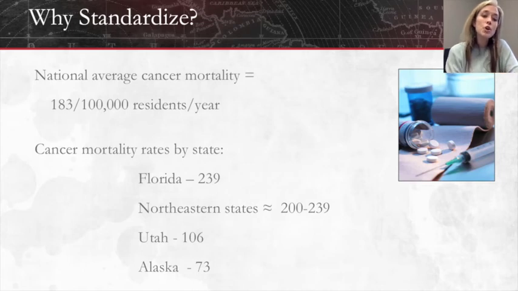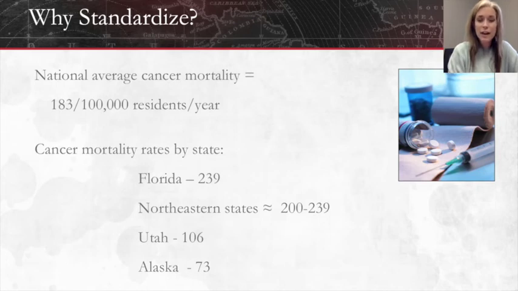So what we need to do is we need to remove the effects of age from the Florida population and the Alaska population, so that we can really compare the two, okay?